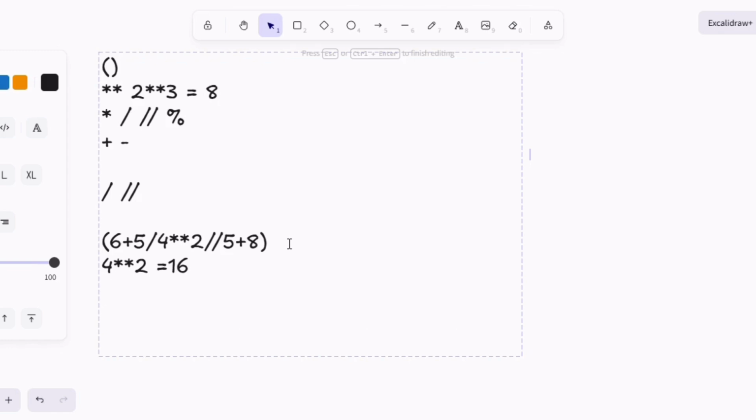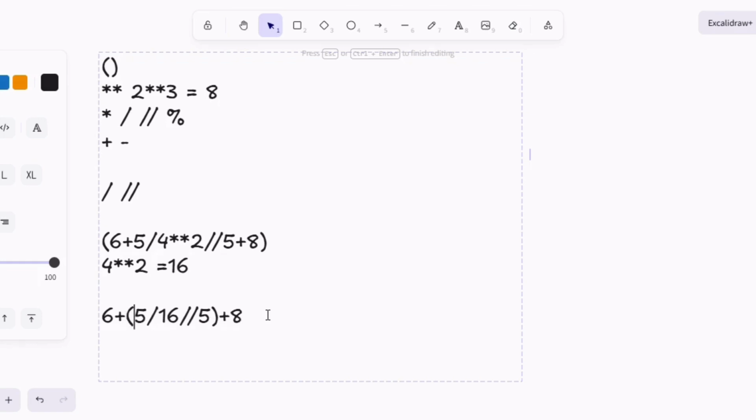So the expression I'll be left with is 6 plus 5 divided by 16, floor 5 plus 8. Now the next highest precedence is for division and floor division, right? So we will solve this part first.